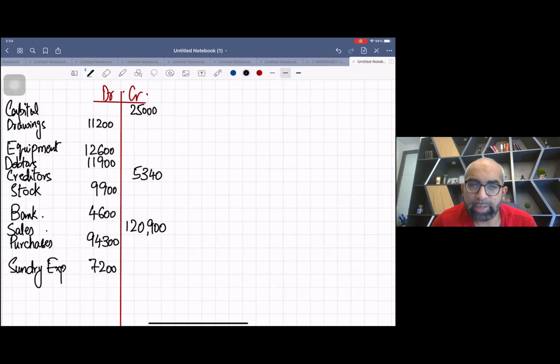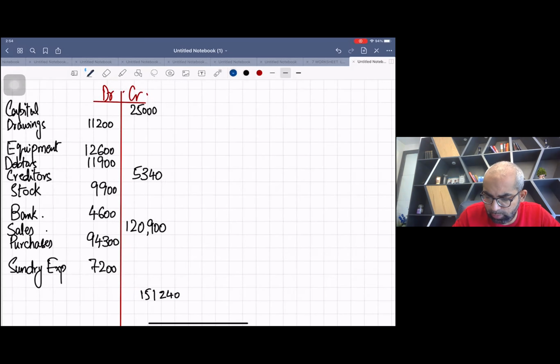Okay, so let's add the credit side as well as the debit side. I'm also doing it. You guys also do it, please. The debit side is 151,240, just writing it as a rough.